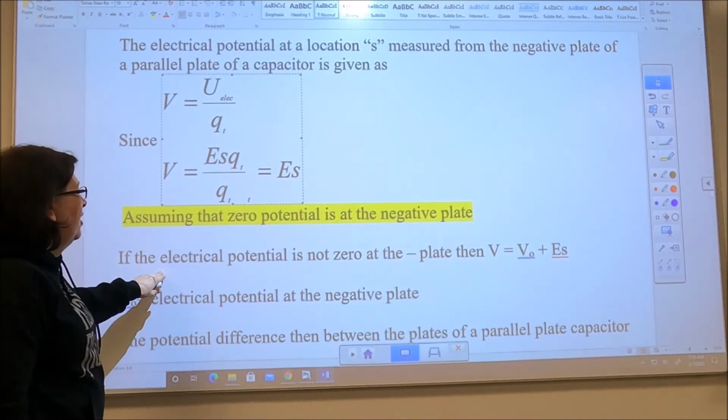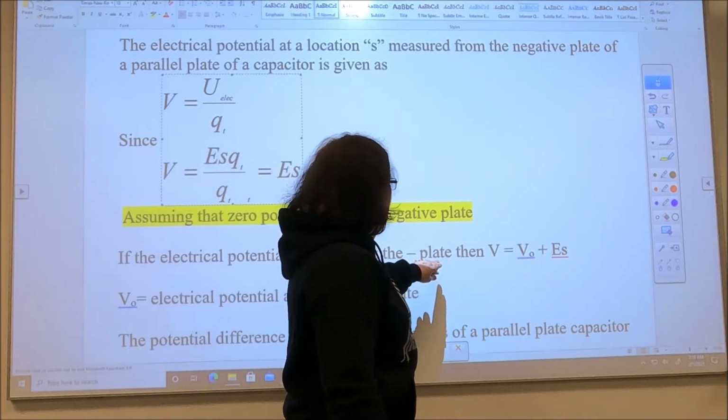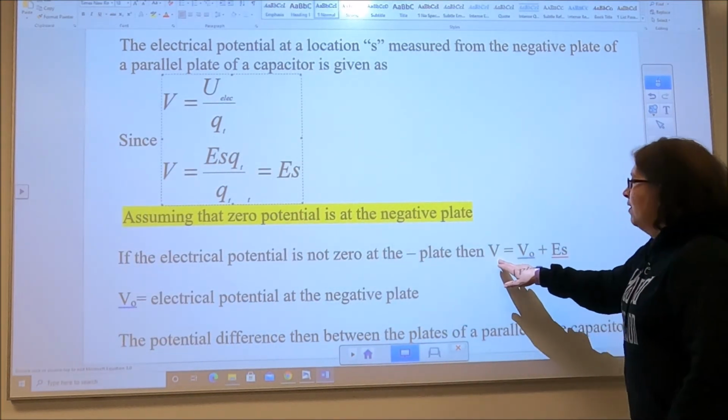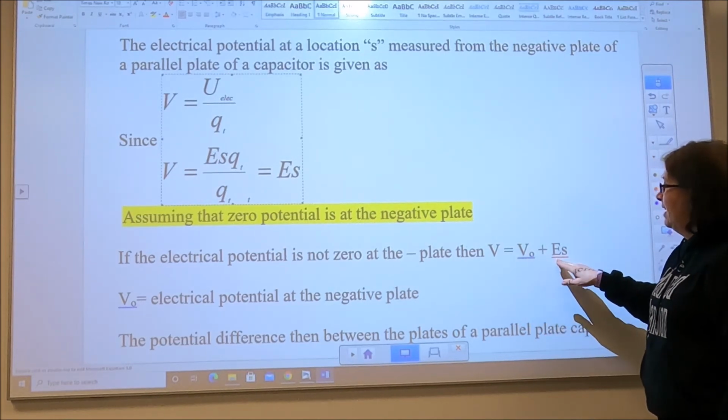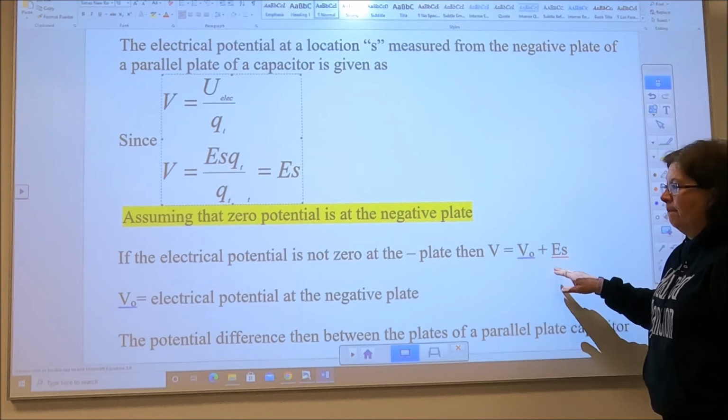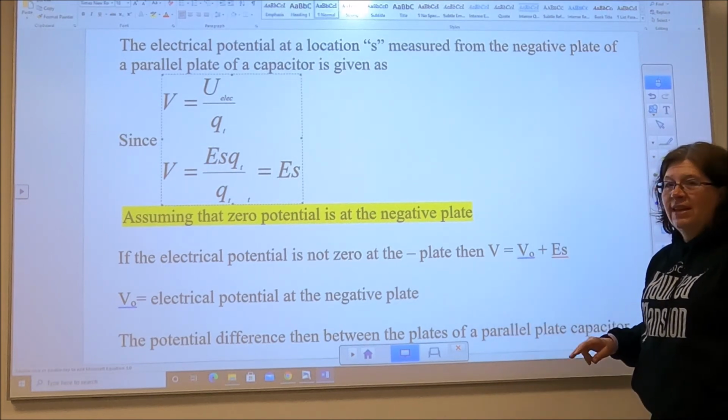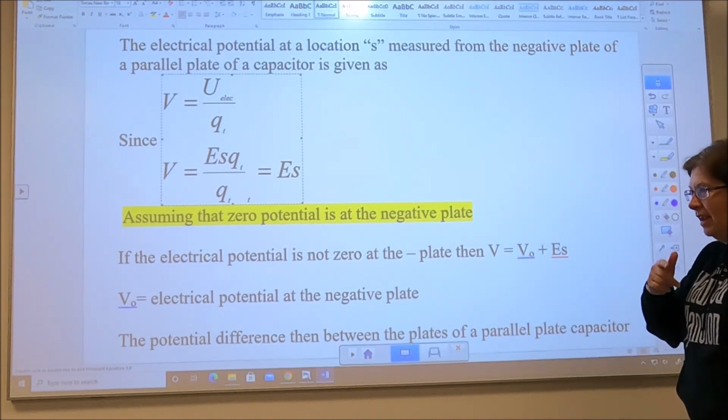Well, if the electrical potential is not zero at the negative plate, then we say that the potential at any point is equal to V0 plus ES, where V0 is the electrical potential at the negative plate.